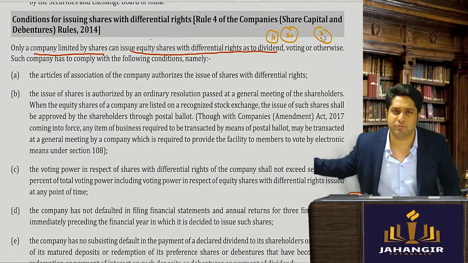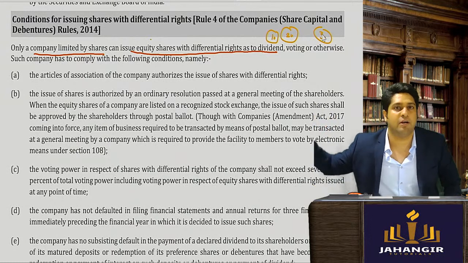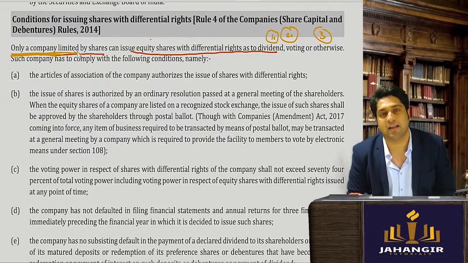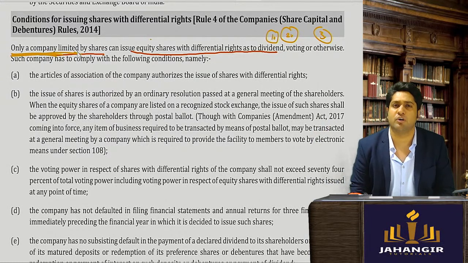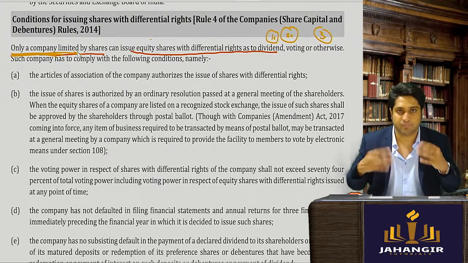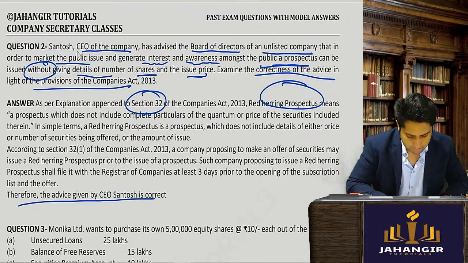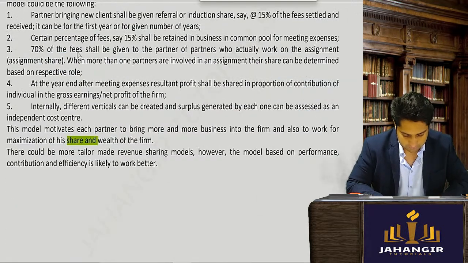Clear? At the time of repayment, first pay me, then pay the other equity shareholders. From this line, they have asked an exam question, and I will take you through it, and I want you all to tell me your answer. Okay, so we're seeing the next question.